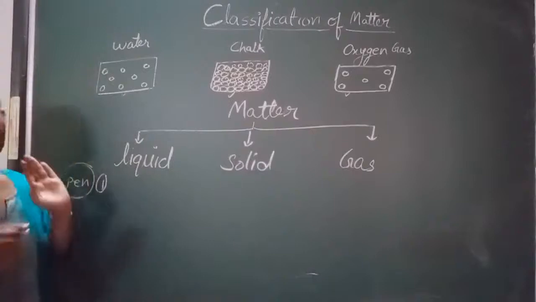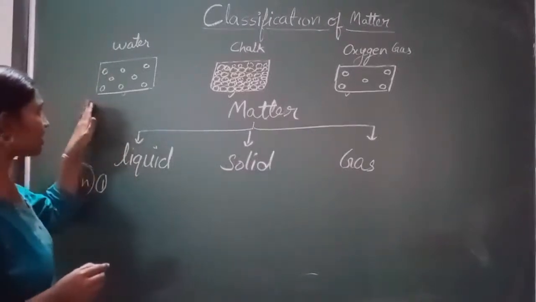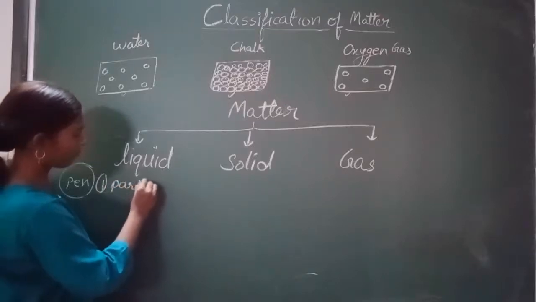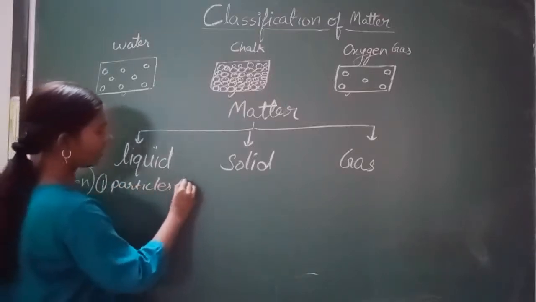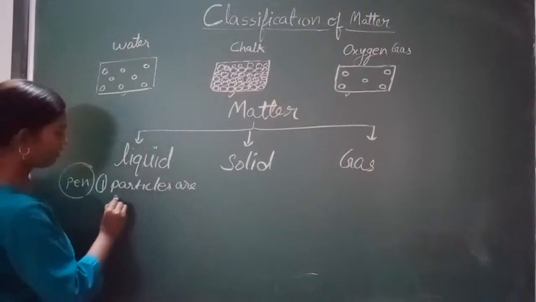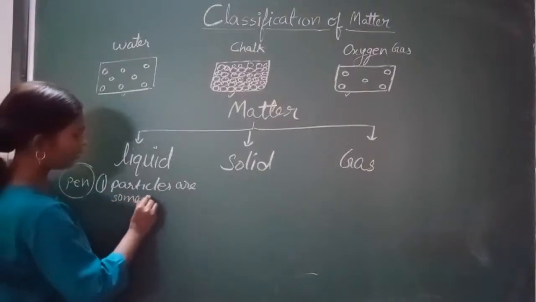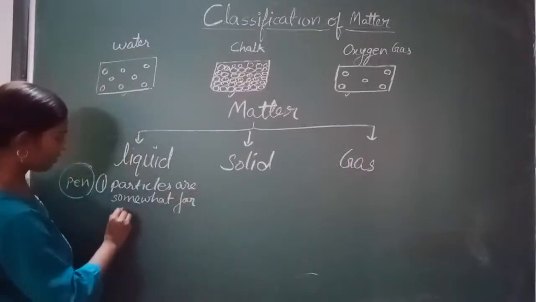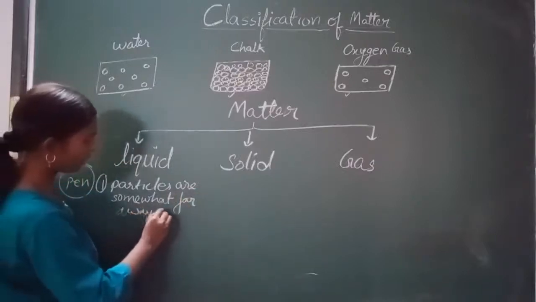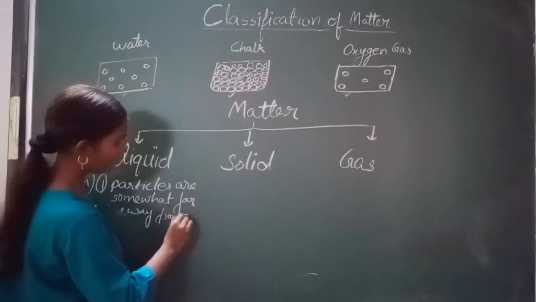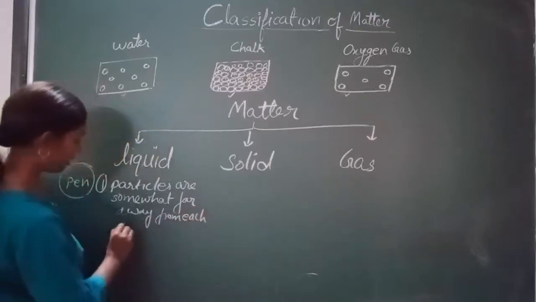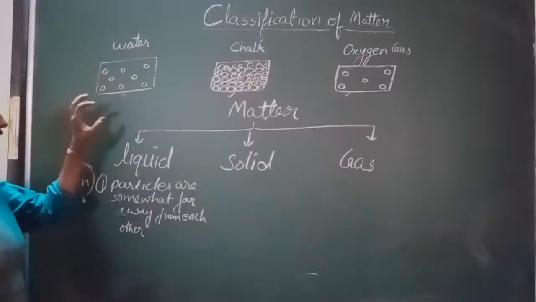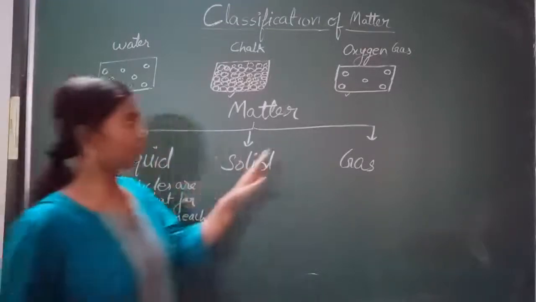Now let us see a few things about that. From this picture we can observe that in liquid the molecules or particles are somewhat far away from each other. But come to the gas.